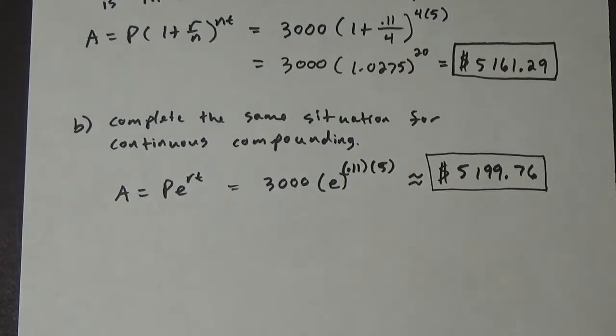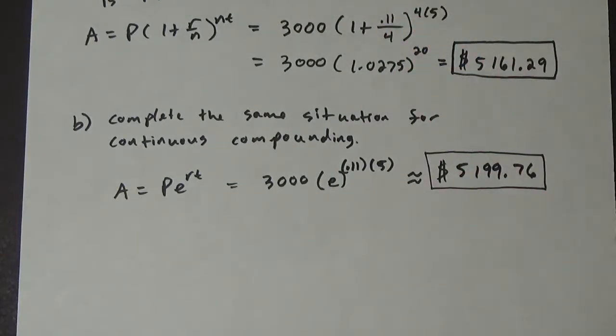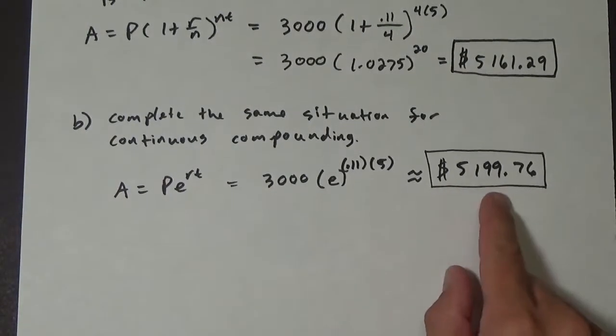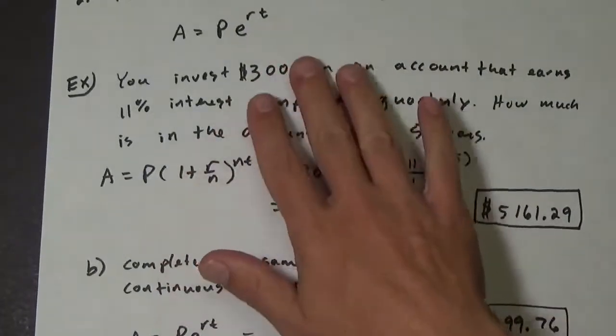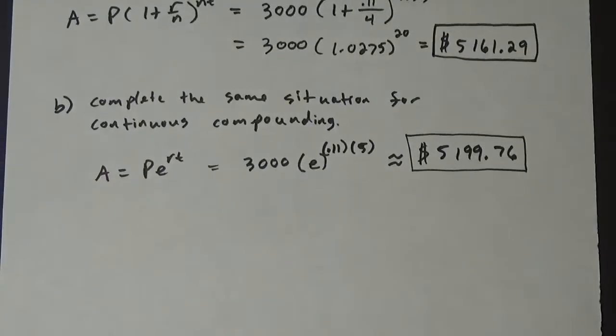Because a lot of people think that, well, if you keep on compounding more and more and more, there should come a point where you just keep on making more and more money, and it seems limitless. Because if you think, oh, I'm compounding every millisecond, that should give me a lot of money. But because of the way compound interest works, it really doesn't. There is a limiting factor. So no matter what, the most you could ever get out of this situation of 3,000, 11% in 5 years is $5,199.76, no matter how much you compound.